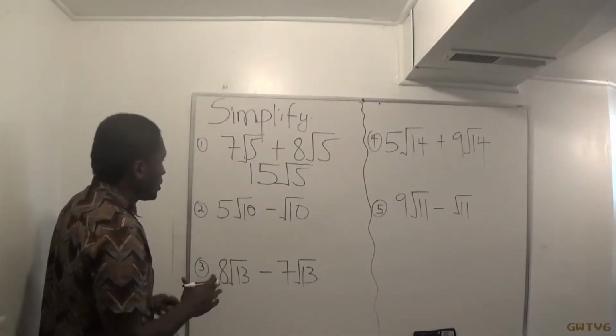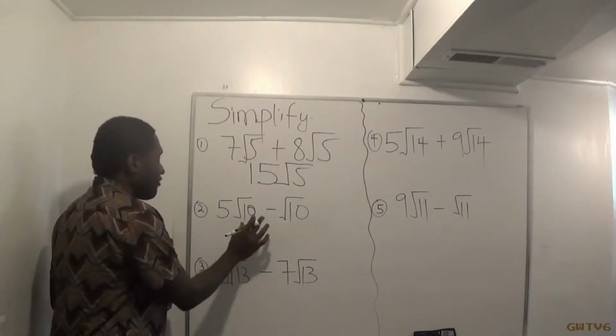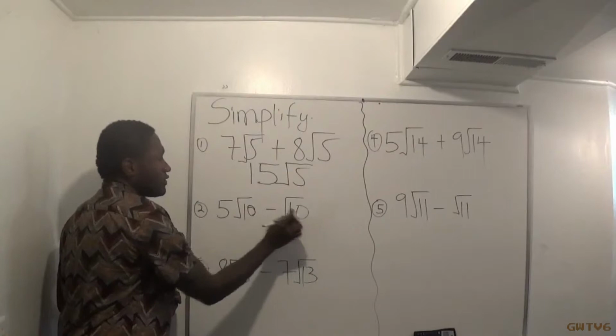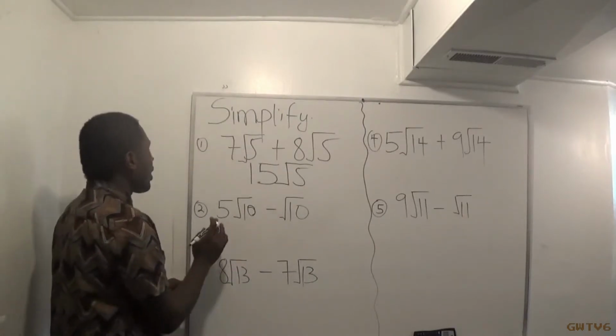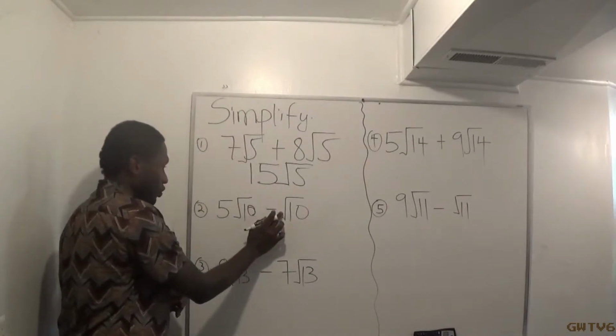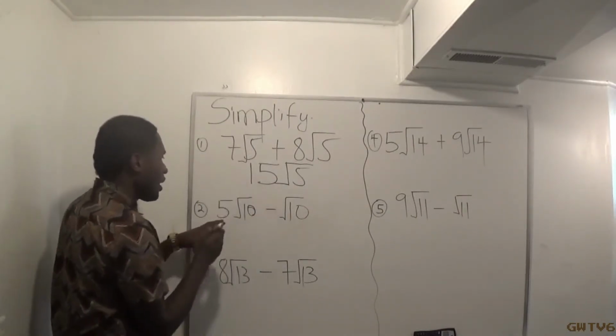Alright. So like this one right here, the fact that the square roots are the same, they're both square root of 10, square root of 10, I know they are like terms. So I have to combine the numbers in front of the square roots. Here, I have a 5. Here, I don't see any number.